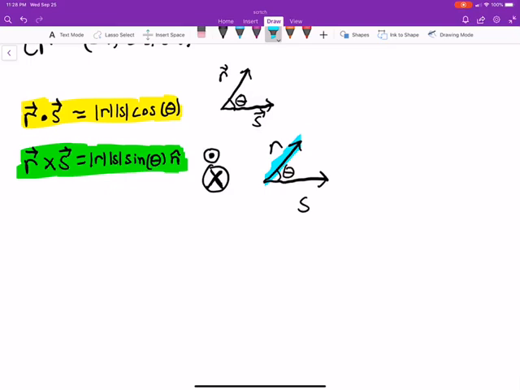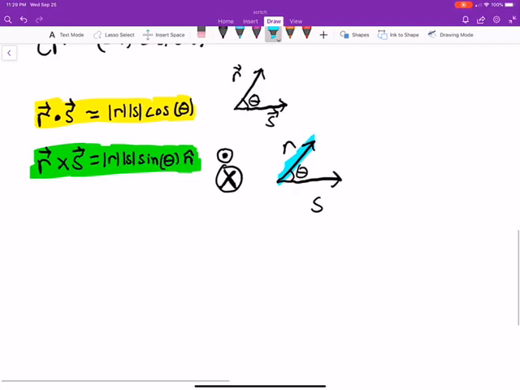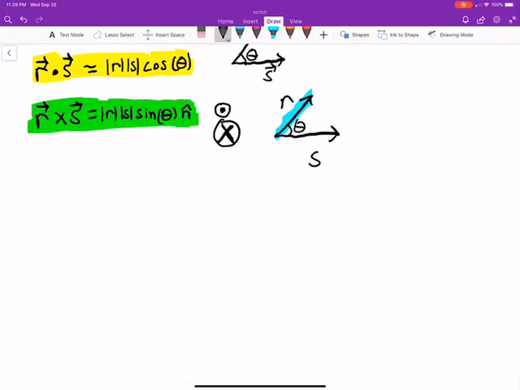So if you place your fingers along r, how could you curl your fingers to go towards s? Well, the only way you'll do that is if your thumb is pointing down. And that's the direction that our n is pointing. So that is our dot product. That is a cross product.